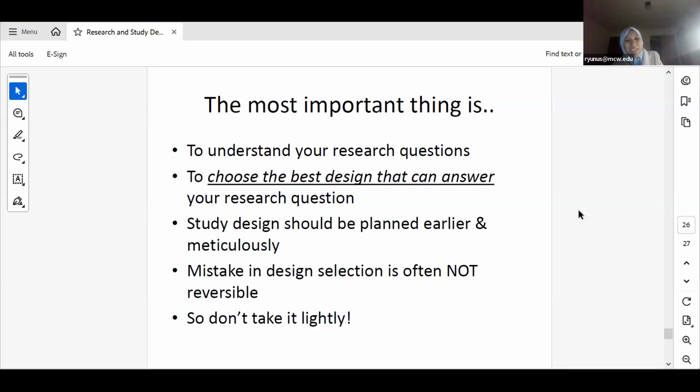But a mistake in study design selection is very dangerous because you cannot undo it. That's basically what I'm trying to say. So don't take it lightly, be very cautious, and spend a lot of time thinking thoroughly when you want to choose your study design.